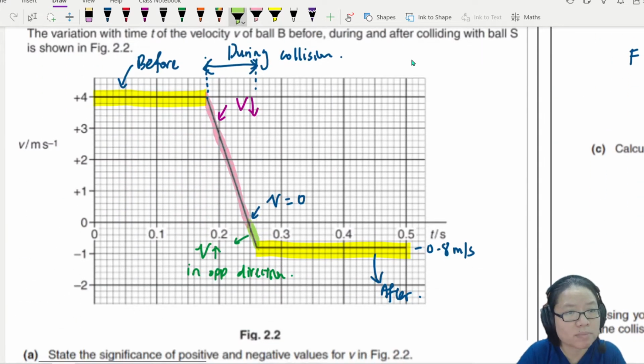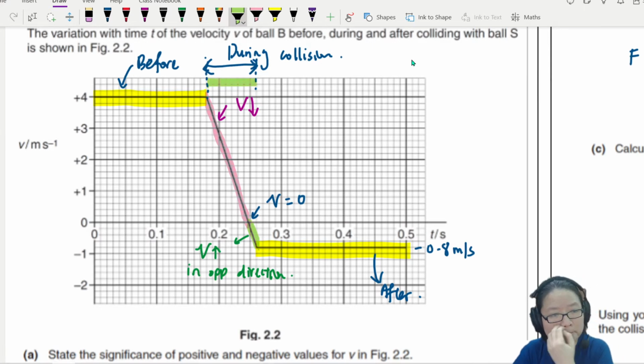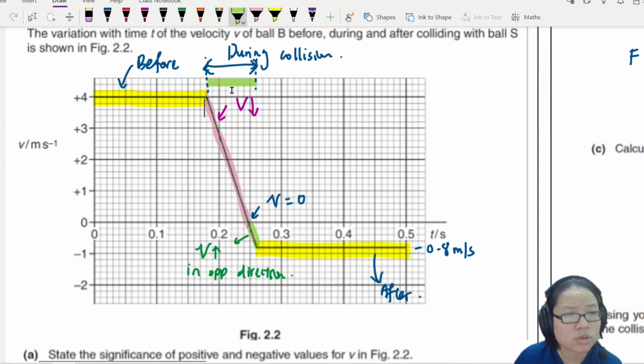The time frame starts from the point where the velocity dropped all the way until the velocity reached negative 0.8. So if I read the time carefully, this is 1, 2, 3, 4, 5, 6, 7, 8. 8 boxes. So 0.08.